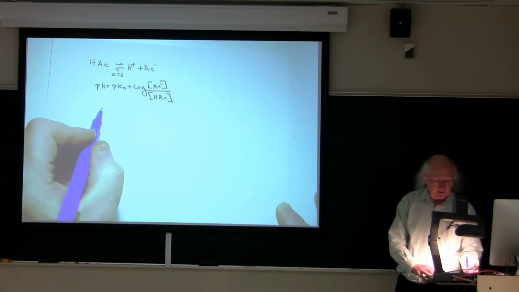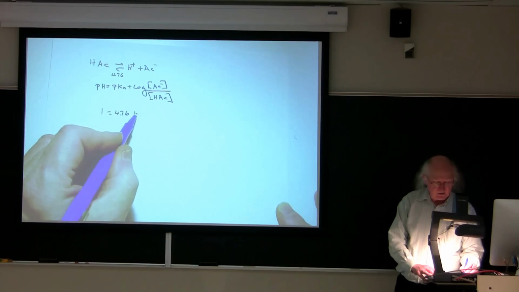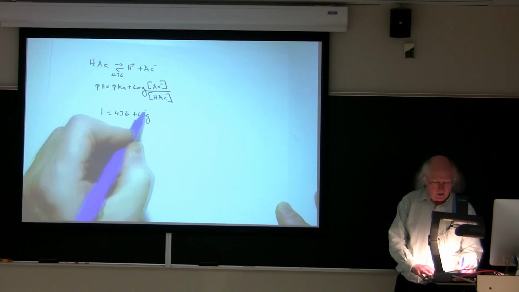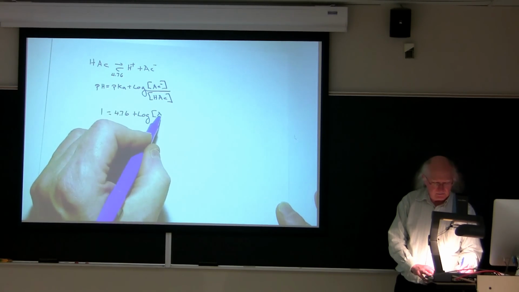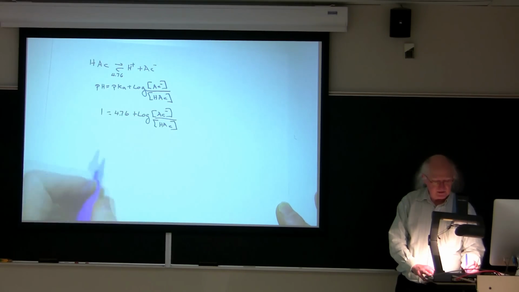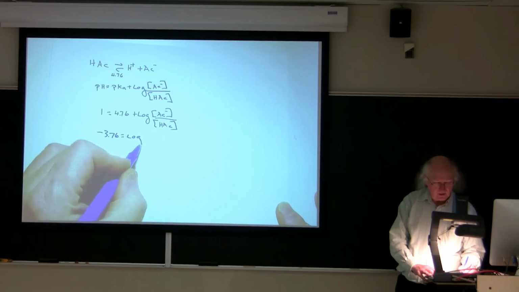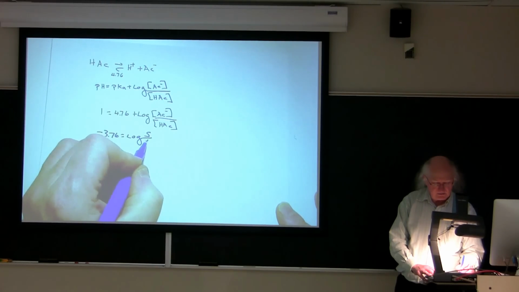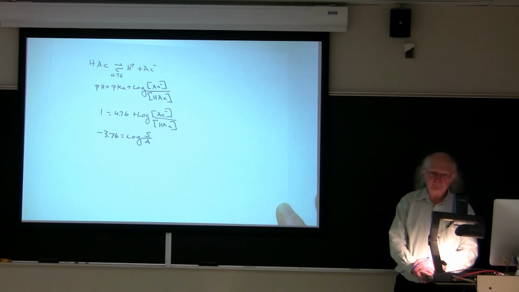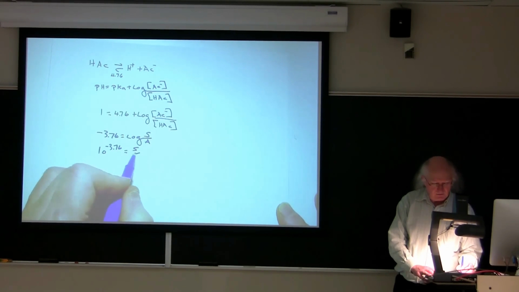Well, plugging in our values at pH 1, we see that 1 equals the pKa 4.76 plus the log of the concentration of AC minus over the concentration of HAC. Taking the 4.76 to the left side, we get minus 3.76 equals the log of salt, which I'm just going to write as S, divided by acid. 10 to the minus 3.76 equals the ratio of S over A.